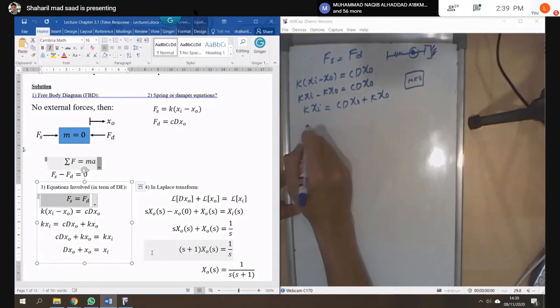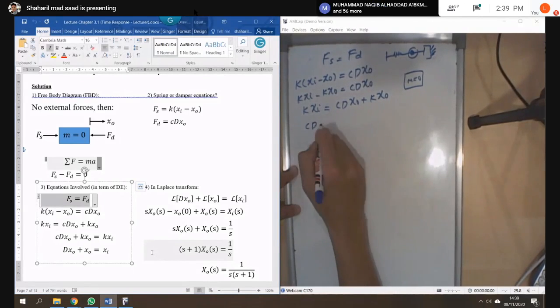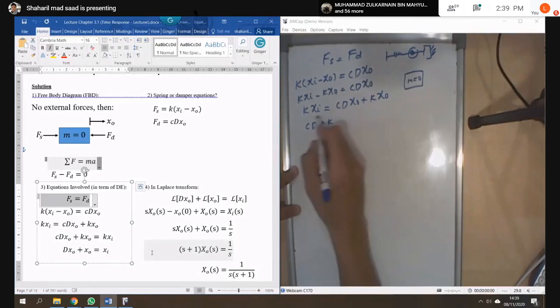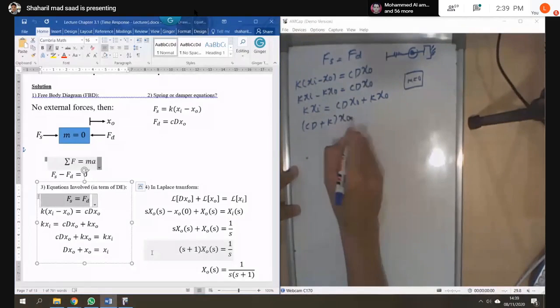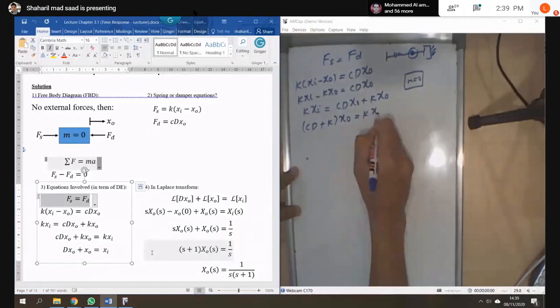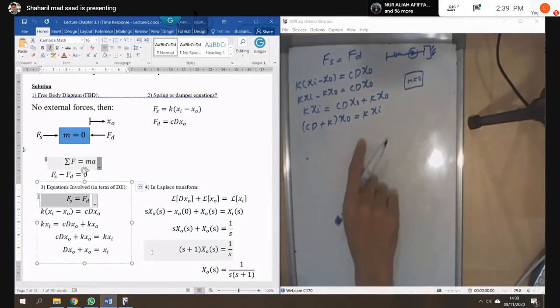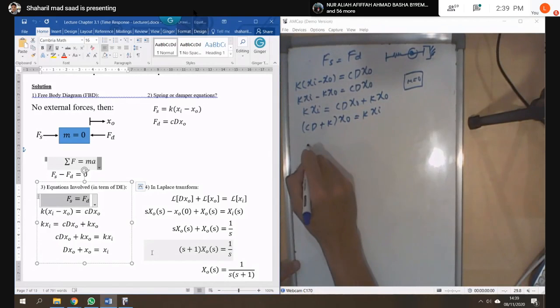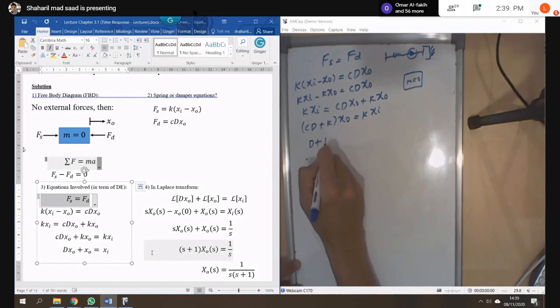So now you get (C d plus K) x naught equal to K xi. C equals 1, so you only get d plus 1 here.